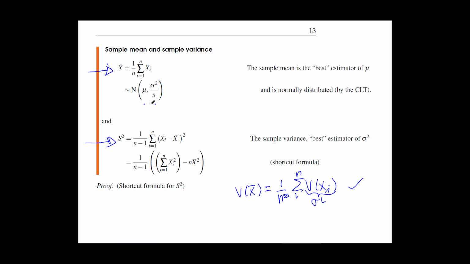This result is really important because it shows you that the larger the sample size, the smaller the variance of x bar. And at infinity, you could say that the variance is 0. We're going to call that the law of large numbers, in the next couple of slides.